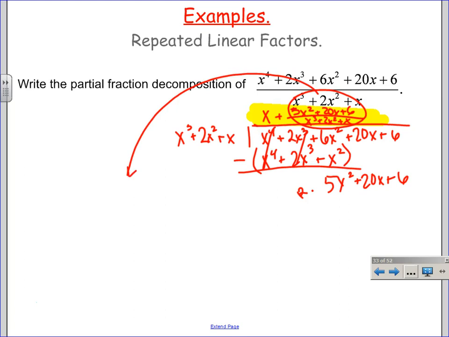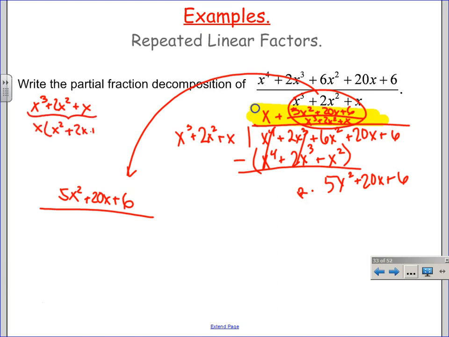That guy. So when I go to do my partials, I'm going to do 5x squared plus 20x plus 6 all over. Don't I need to factor? Huh. What does x cubed plus 2x squared plus x factor to be? Oh, pull out an x, right? x squared plus 2x plus 1. Oh, keep going. Uh-oh.